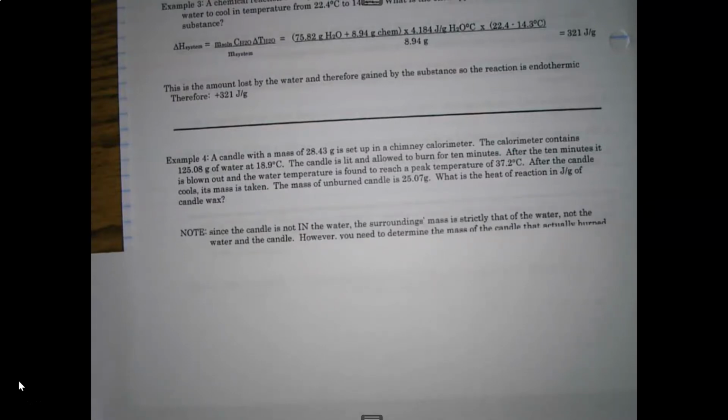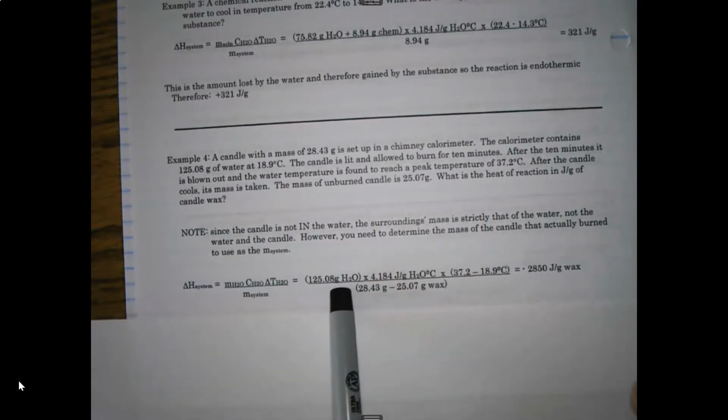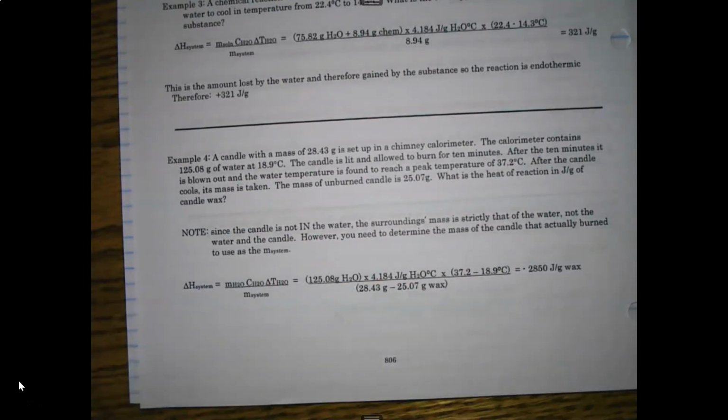All right, so what are we going to do? I'm using MC delta T equals M delta H again because I'm breaking bonds, but I'm doing a whole chemical reaction. However, all I need to do, notice, all I need to do is use the mass of the water because the wax is not in the water. I guess I don't have that white paper anymore.